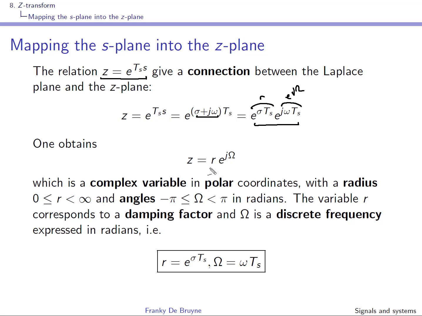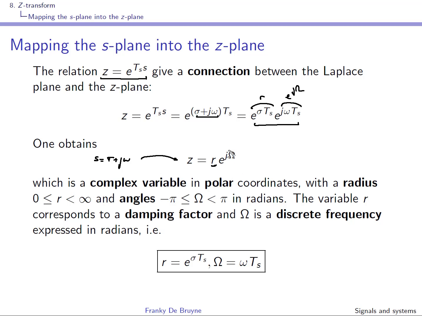So we've gone from a variable s expressed as a complex number in Cartesian form to a z that is expressed in polar coordinates. r will be the radius, positive, between 0 and infinity.